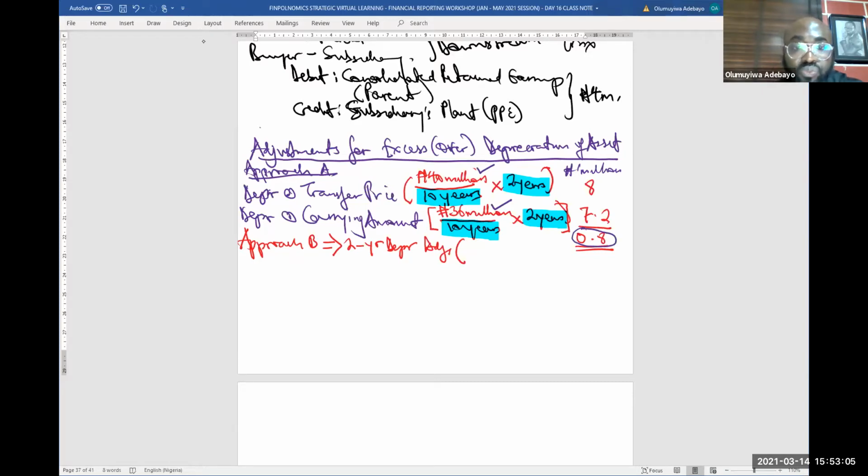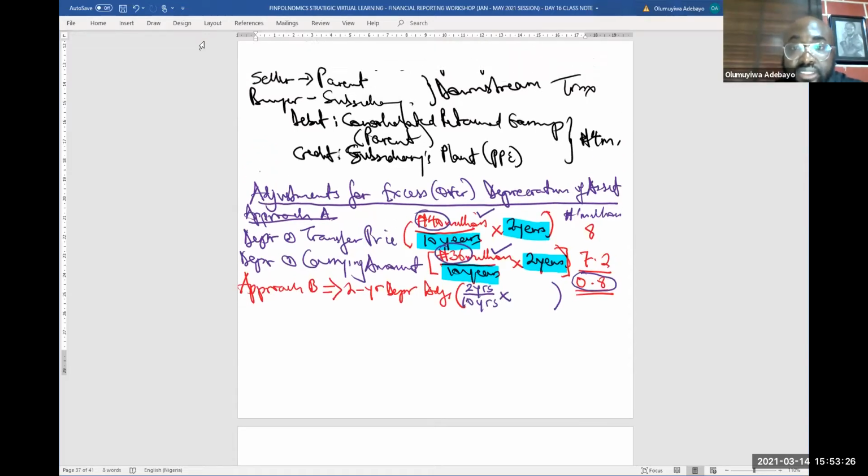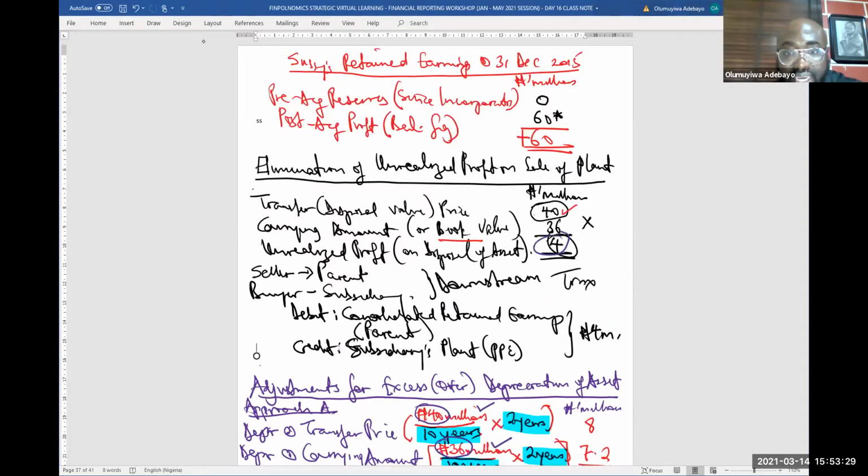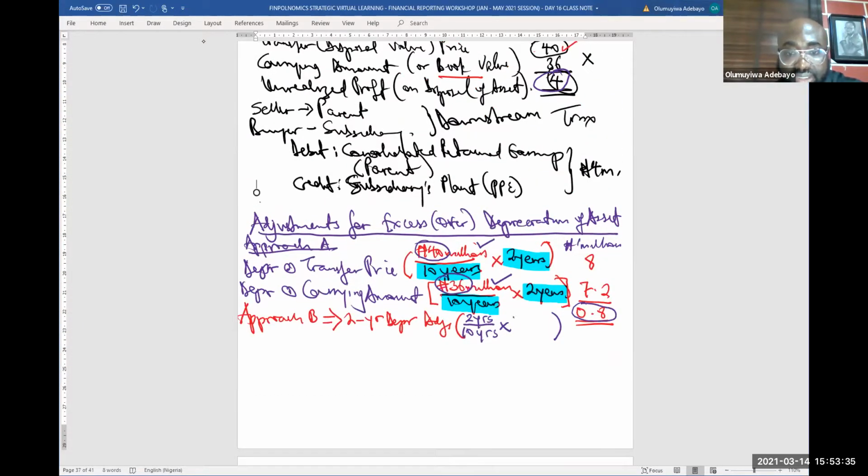Therefore, the common factor is 2 years, the year we are trying to adjust for out of the entire 10 years, multiplied by the difference between this 40 million and this 36 million, which is the 4 million unrealized profits. Therefore, I'll say 2 over 10 years times what? 4 million. That will still give me 0.8, which means regardless of how I do it, I'll still get the same answer.